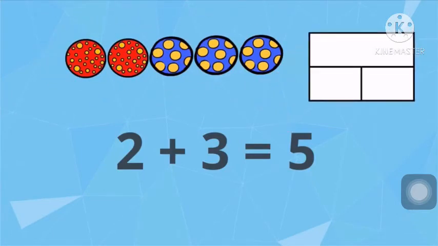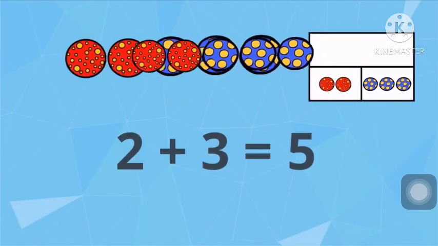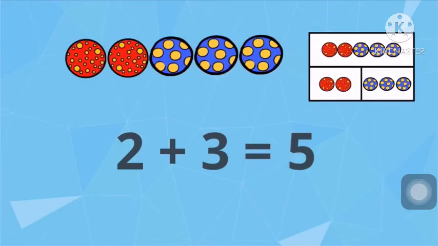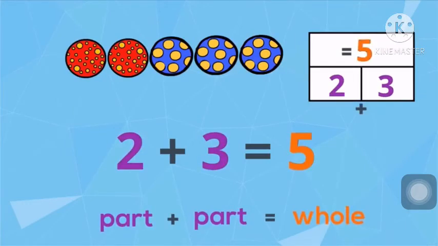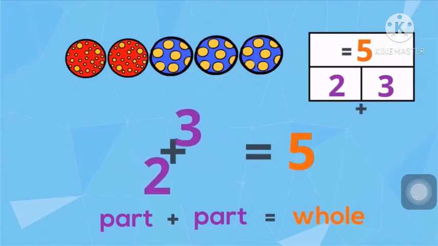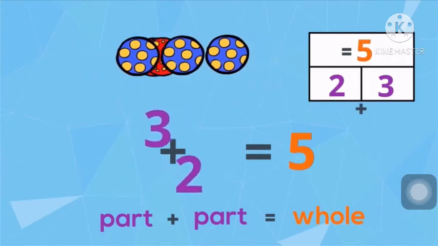We can represent this equation using a part-whole model, the parts going in small boxes and the whole going in the large box. This is another way to show that 2 and 3 make 5. The part plus the part equals the whole. That means that 3 plus 2 must also equal 5.